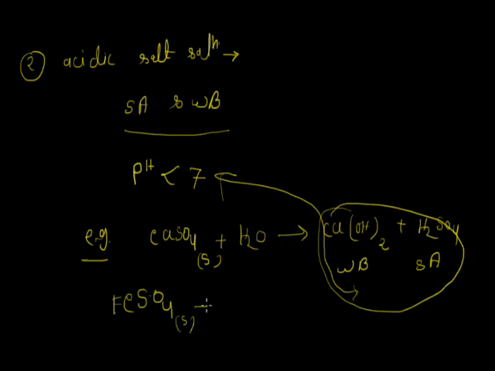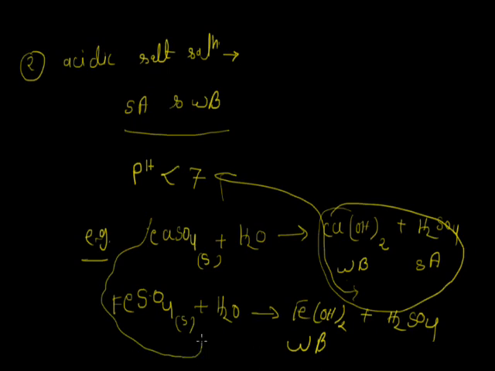When it is dissolved in water, it gives a weak base ferrous hydroxide and a strong acid H2SO4. So the aqueous solution of copper sulfate and ferrous sulfate both are termed as acidic salt solution and the pH is less than 7. Now the third type of solution is basic salt solution.